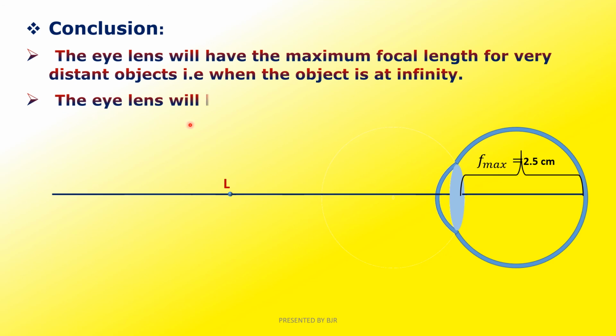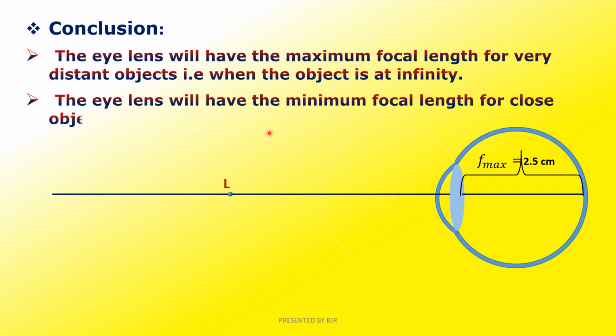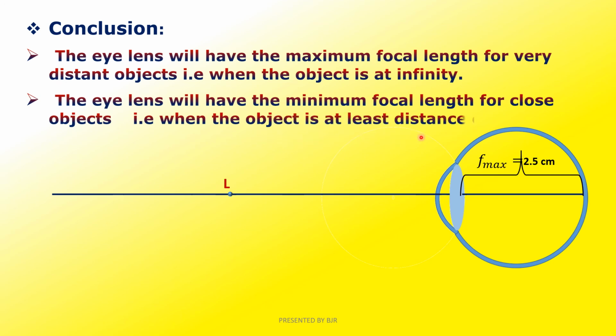The eye lens will have the minimum focal length for close objects, that is when the object is at least distance of distinct vision, that is here. So when the object is here, in viewing this object, the eye lens will have the minimum focal length. It is equal to 2.27 centimeters.